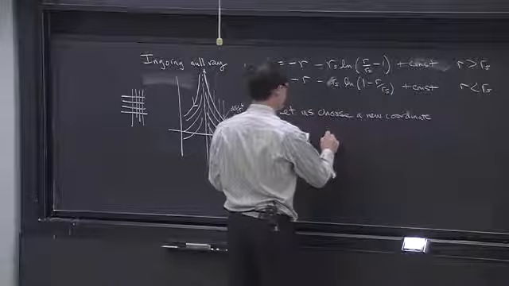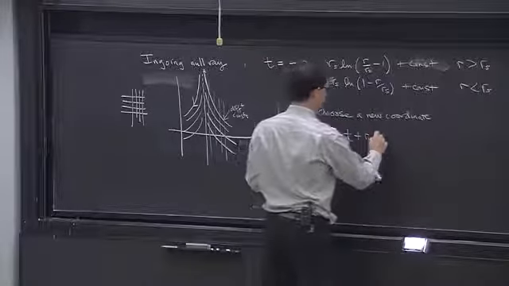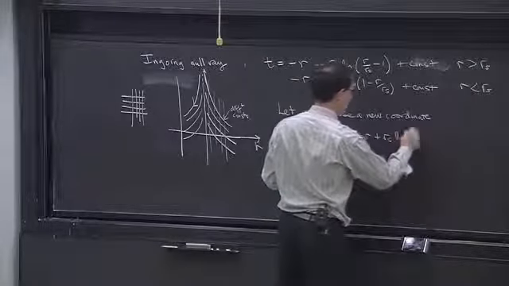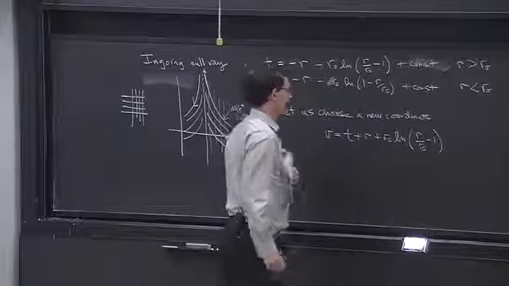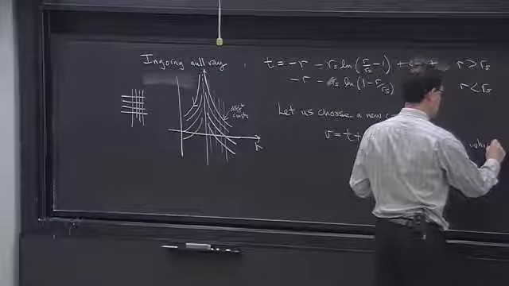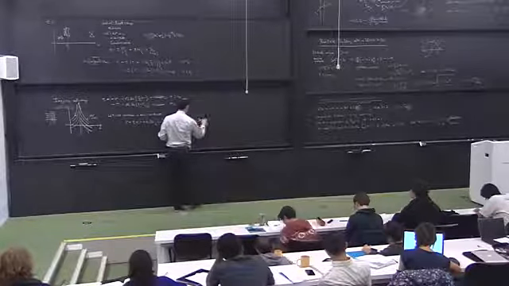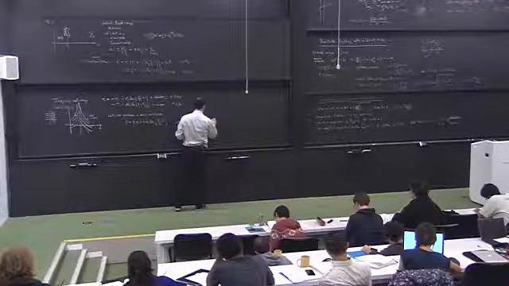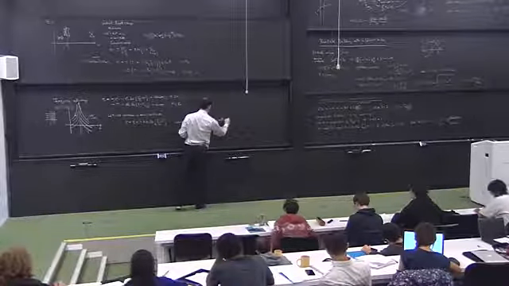So let v equal t plus r plus rs log(r over rs minus 1), which is constant on ingoing null rays.